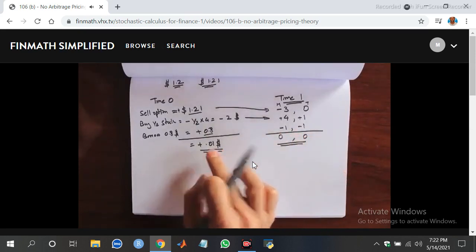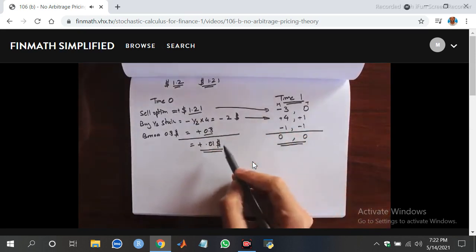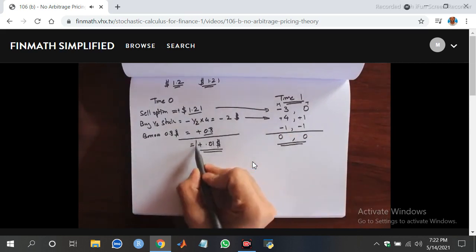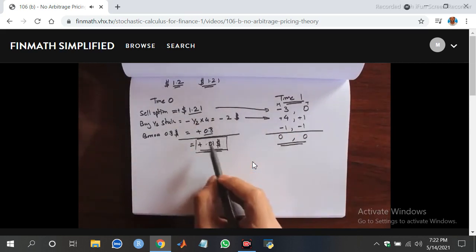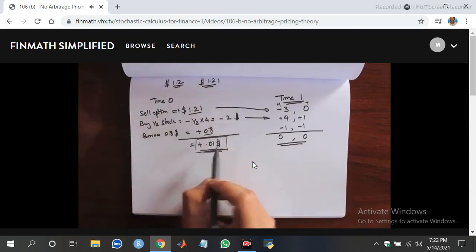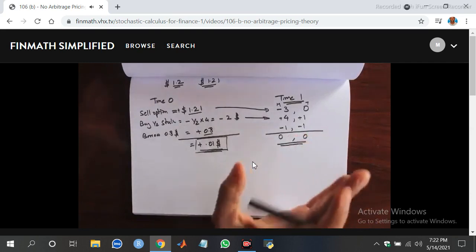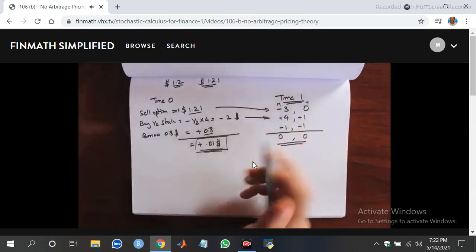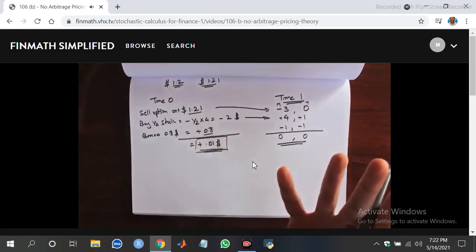We are basically making money out of nothing. We have 0 probability of losing money and some probability that we actually make some positive money. We made some money at time 0 using this strategy, but in the future there was absolutely no chance of losing any money. And this is exactly what arbitrage is.